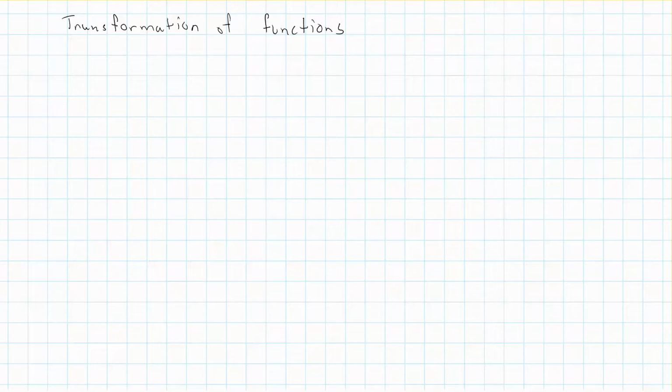Okay, now we're going to deal with transformations of functions, and this uses those parent functions or basic functions quite a bit in this section here. So we are going to probably have maybe 3 or 4 videos dealing with transformations of functions. There's lots of transformations to look at.